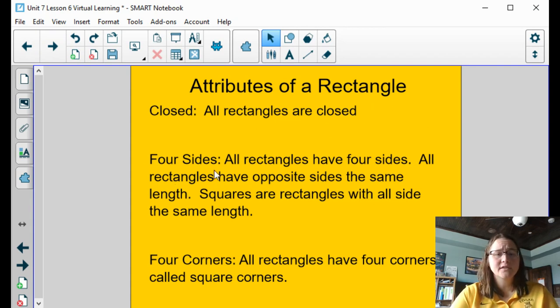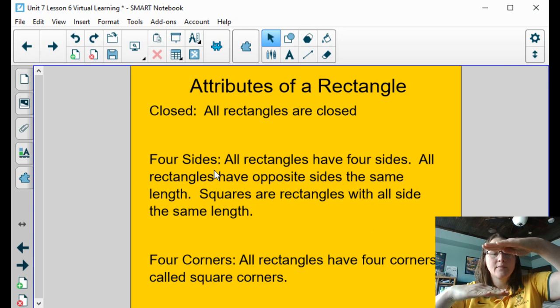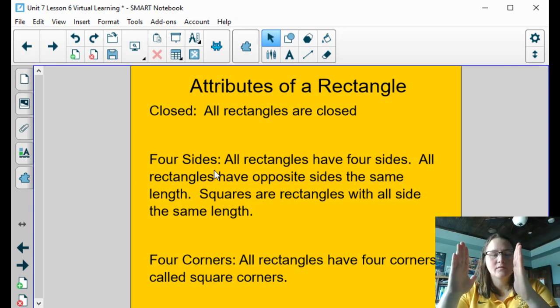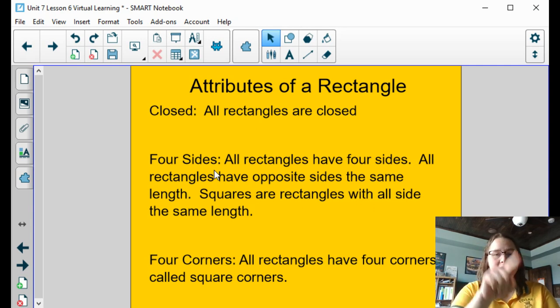However, with rectangles, it's the opposite sides. So if we have top and bottom, they're going to be the same length. The two sides, right and left, they're going to be the same length. So a rectangle has four sides, but maybe the top and bottom are the same size, and the sides are the same size.